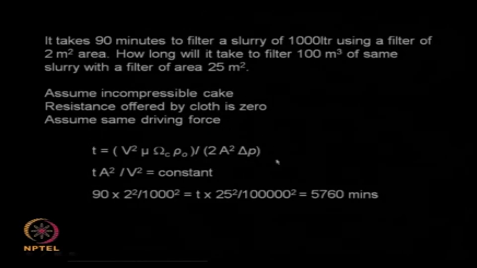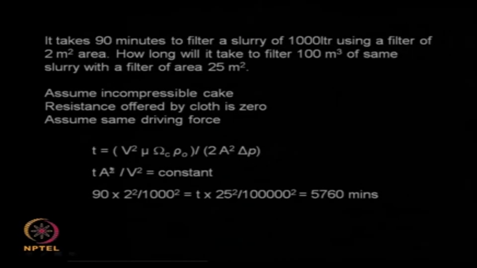So you know this equation which we got, this is the simplest of the equations where we assume the solids are incompressible and the filter medium does not offer any resistance. So this is the equation. So you can bring the A here, so you have T A square by V square is a constant, correct.